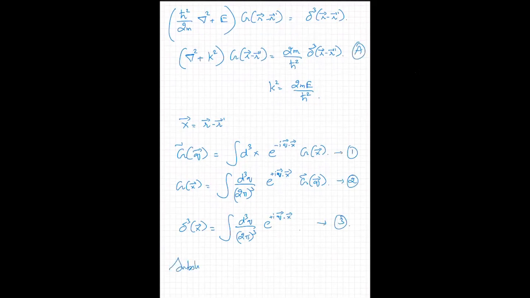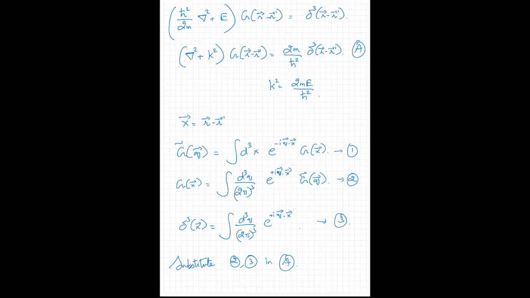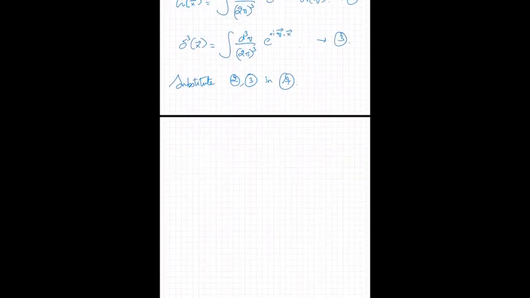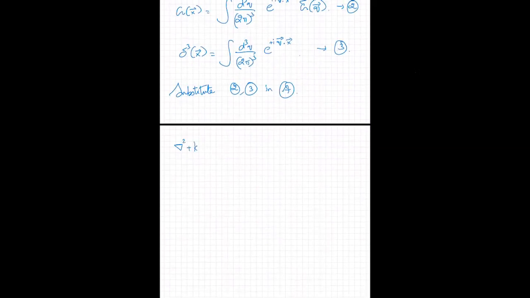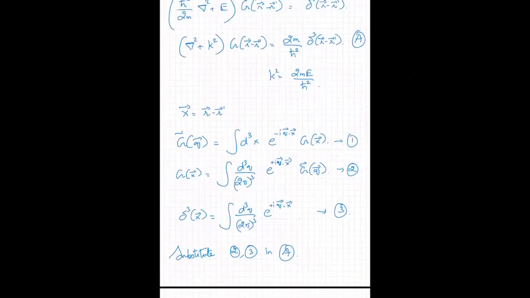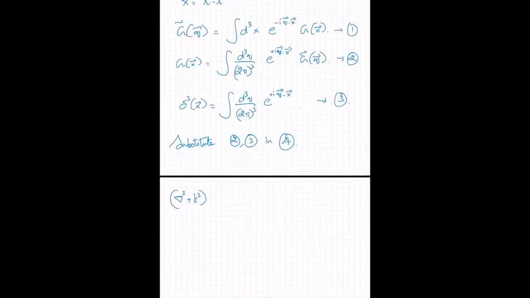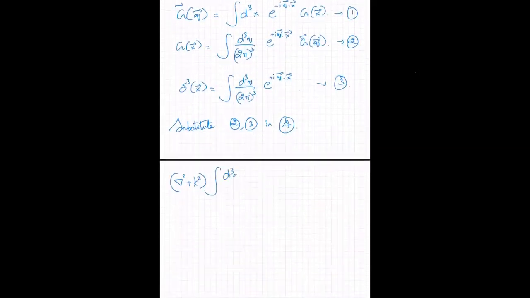So substitute 2 and 3 in A. In other words, write all the G's and the delta functions in terms of their transforms. If I do that, I have del square plus k square acting on G of x vector, which is the integral d cube q over 2 pi cube e to the i q dot x G tilde of q.